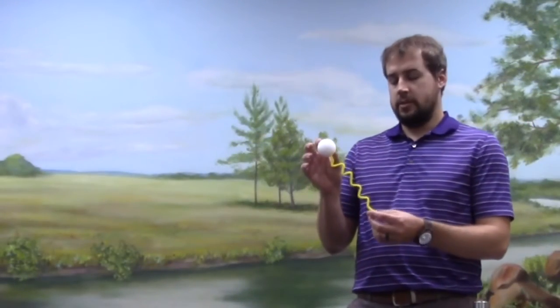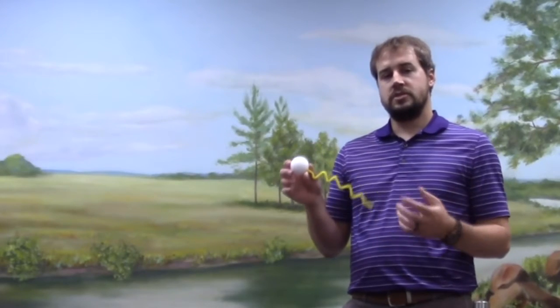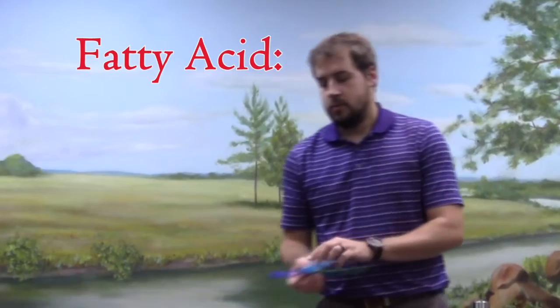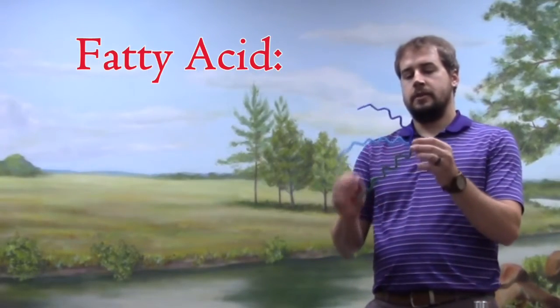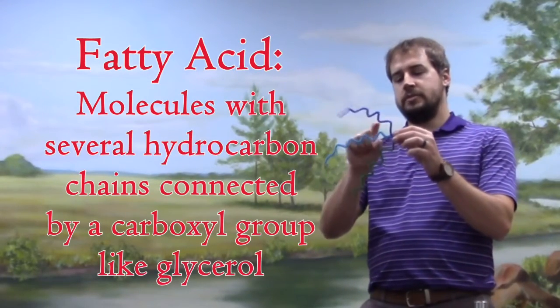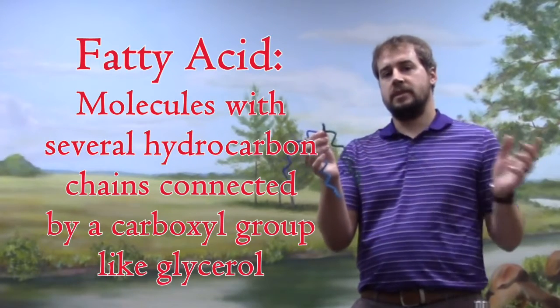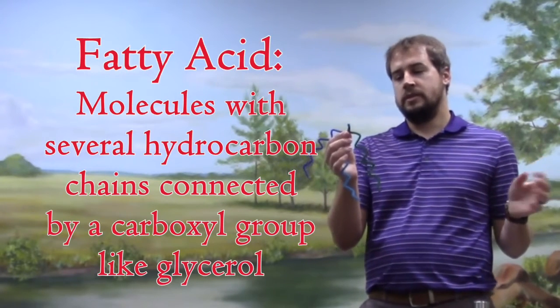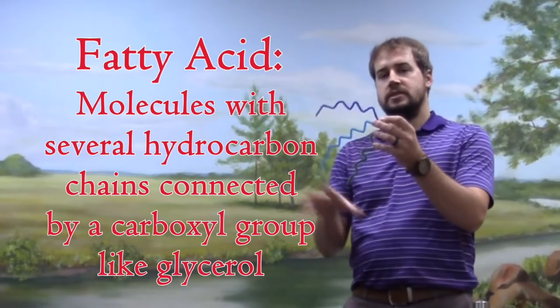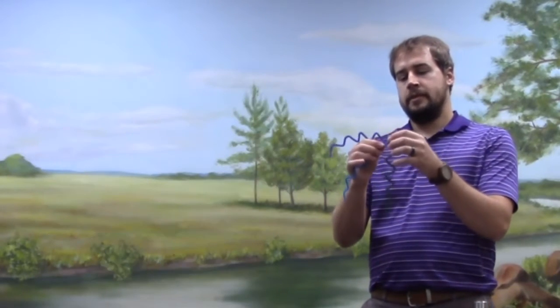So if that's such a strange thing, how does it even happen? Well, to make a carboxylate or soap molecule, you start with a fat molecule or a fatty acid, which is simply a bunch of hydrocarbon chains that are joined together by something like a glycerol molecule. And all of this is nonpolar.